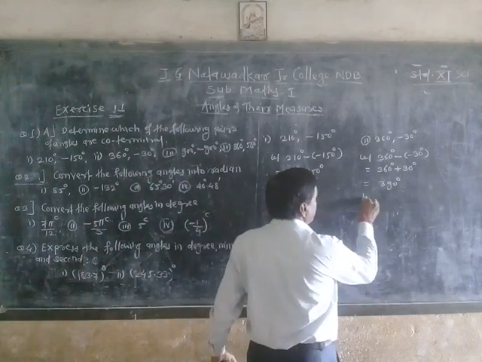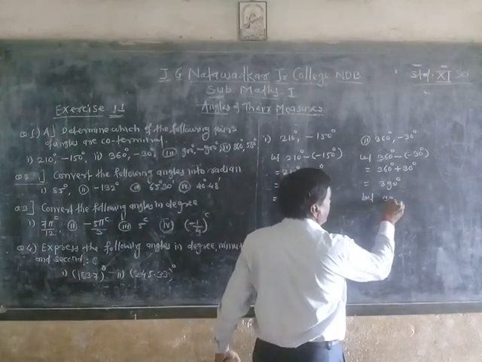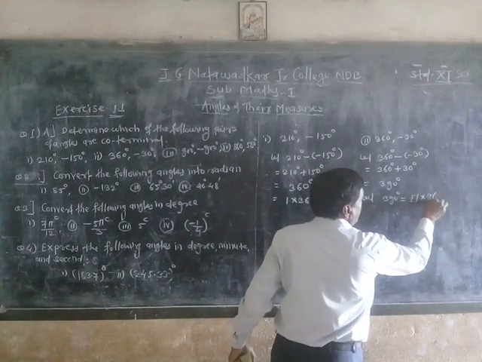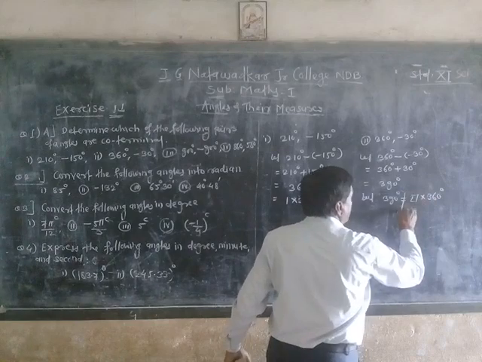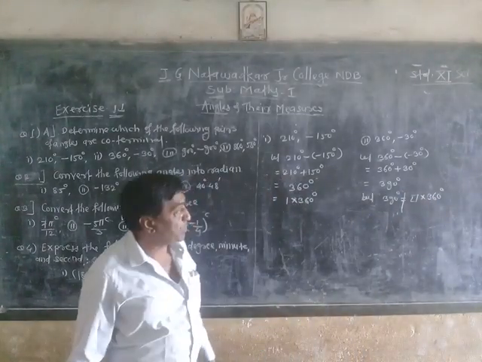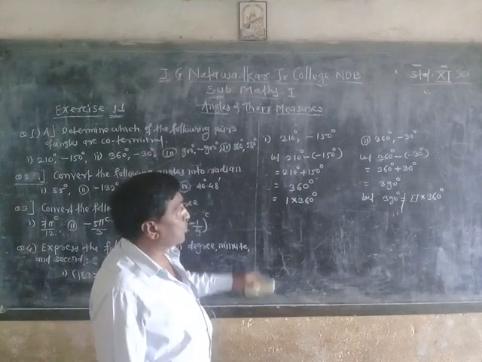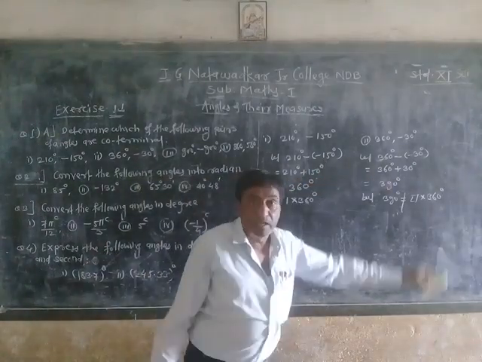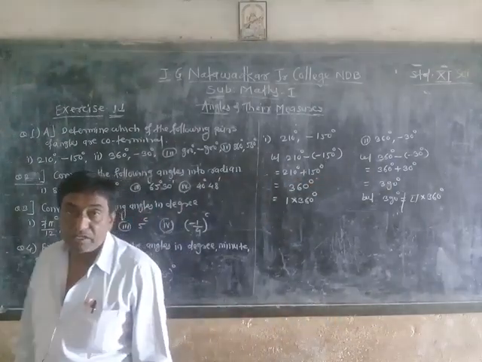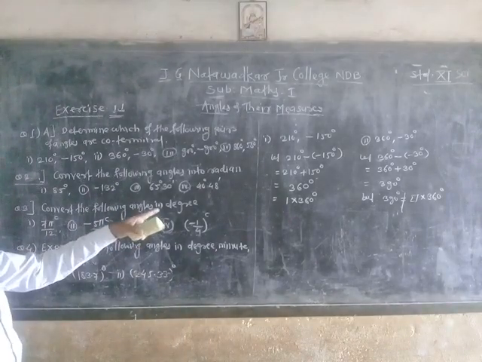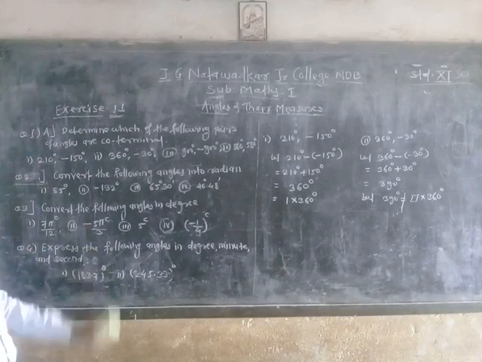But this 390 degrees cannot be expressed as a positive integral multiple of 360 degrees. That's why it is not a pair of coterminal angles. And so by this way we verify whether the given pair of angle measures are coterminal angles or not.